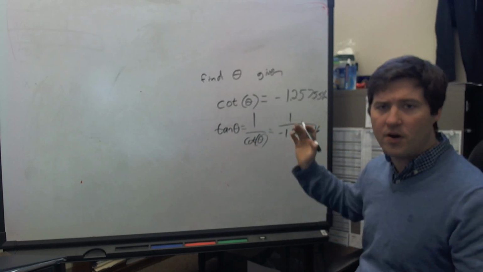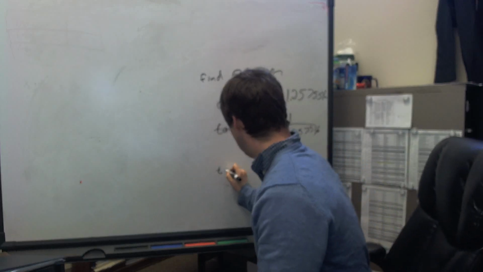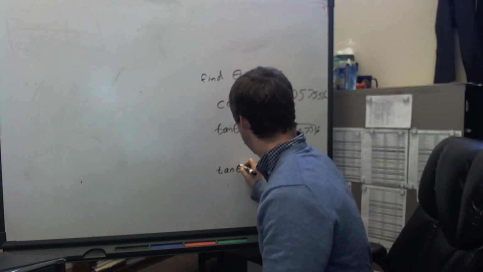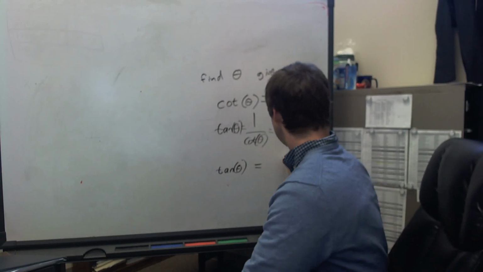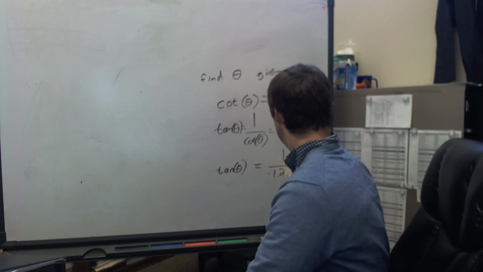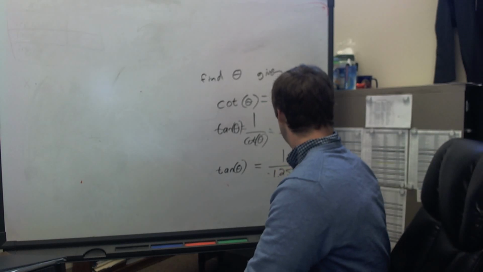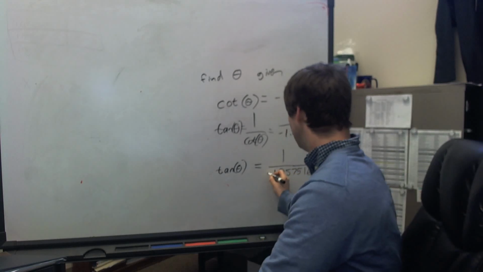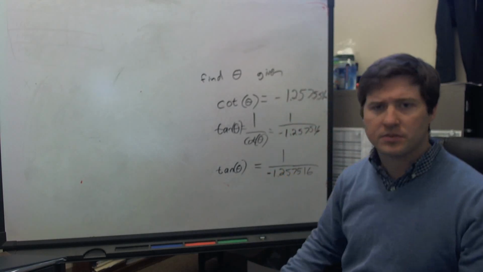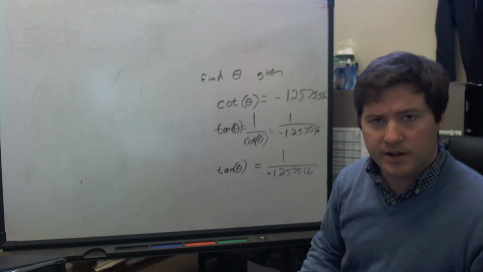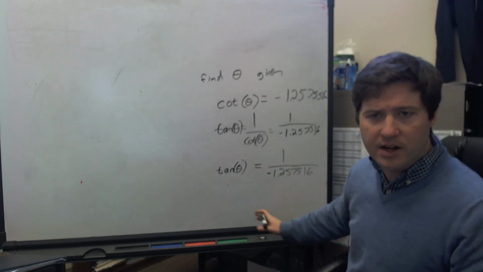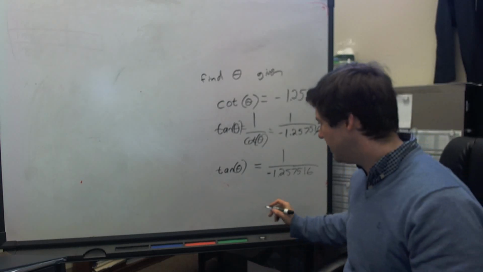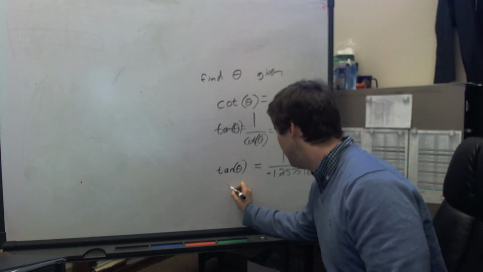So that's our first step. Okay, so I've got it like that, and I just took out that intermediate step. So now that we've gotten that, we use the tan inverse button on our calculator.